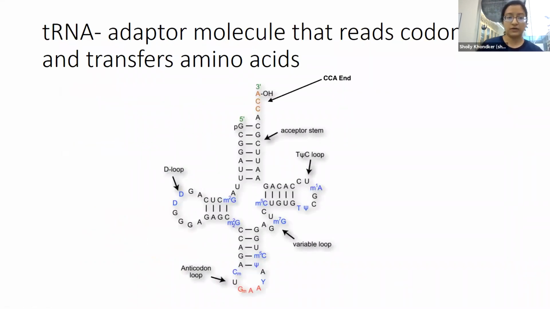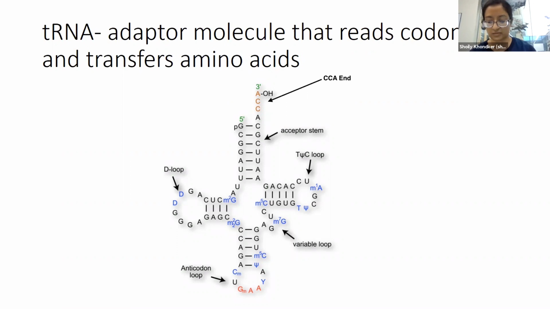A key molecule involved in translation is transfer RNA or tRNA. This is an adapter molecule that reads the codons and transfers the amino acids. Like other RNAs, it's transcribed in the nucleus, and then it undergoes processing. Specifically, it undergoes some trimming, and there's an intron that needs to be removed in most cases. Then this nucleotide stretch, which is about 80 nucleotides, forms a clover shape.